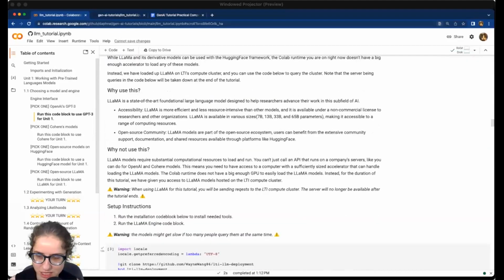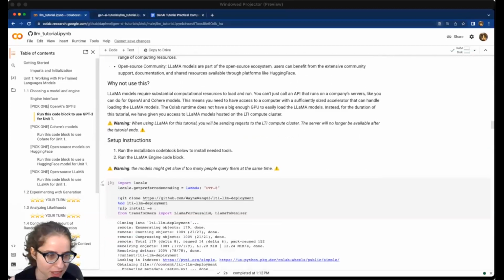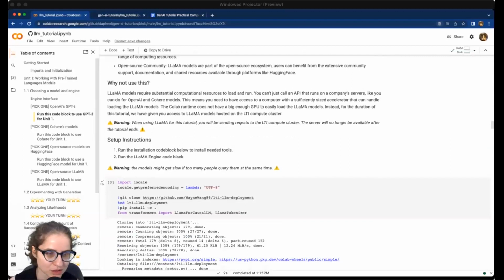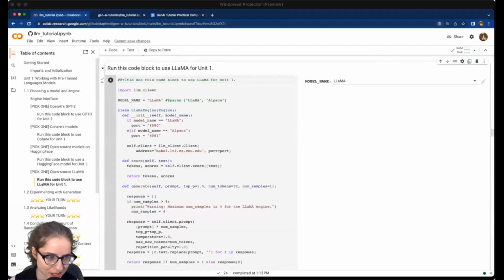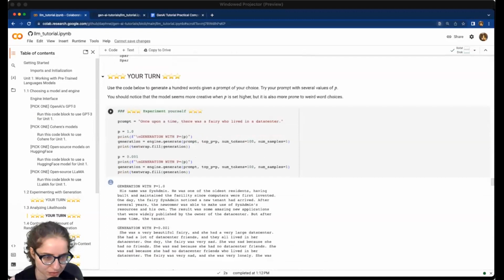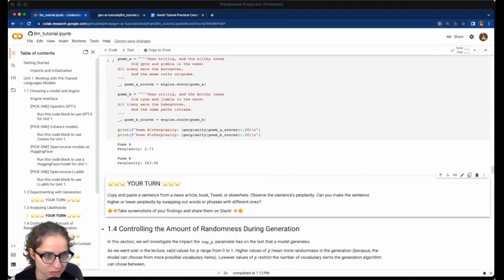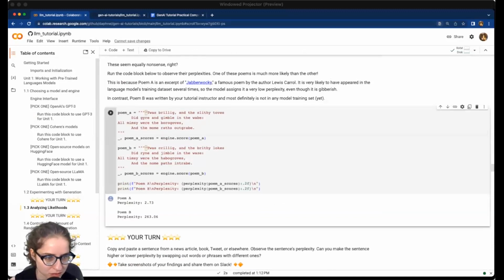Yeah, someone says that for llama, the perplexity of poem A is much higher than poem B. That might be due to the bug. That shouldn't be the case. Let me try doing that to see what you're seeing. So this is what you should expect, something like what I'm showing here, where the actual version of the Jabberwocky poem should have very low perplexity because it's almost certainly in the training data.